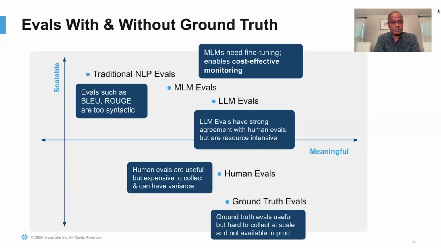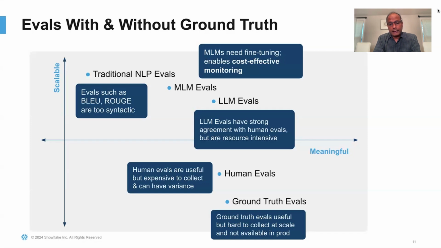Along the x-axis, they do quite well in the sense that they have strong agreement with human evals, but they tend to be resource intensive, meaning that there's cost and latency implications of using these evals. However, they provide a nice way to automate evaluations that make it easier to scale rather than simply using ground truth evals or human evals.